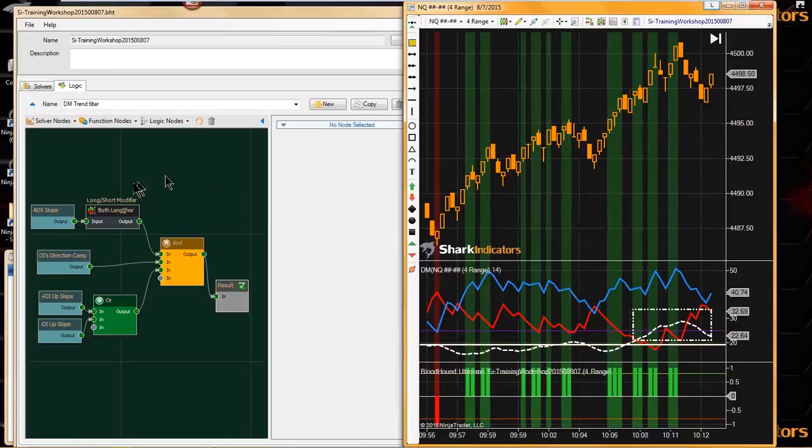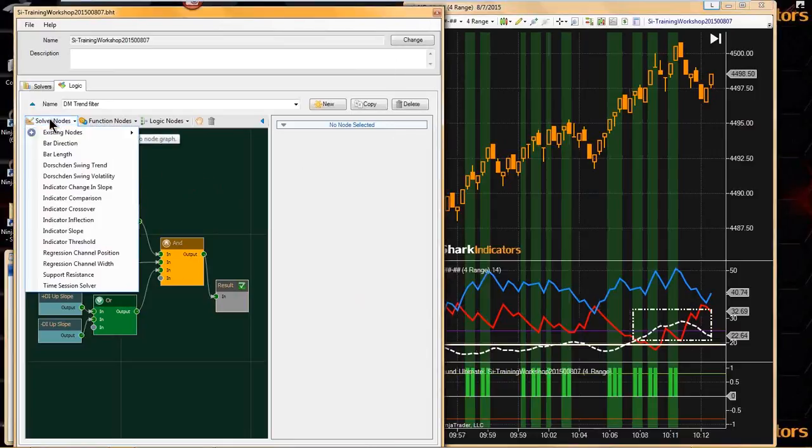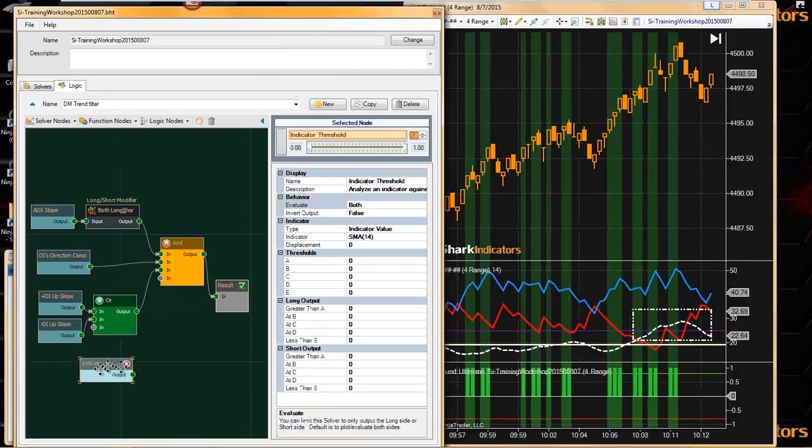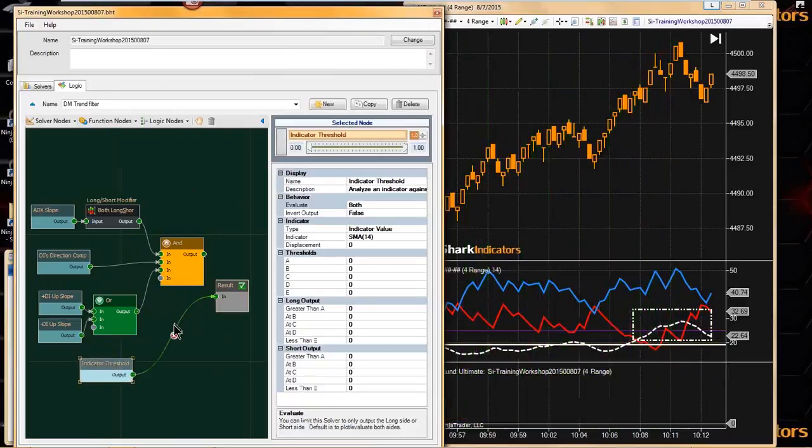Alright, so let's add some more filtering. We're going to grab a threshold solver, connect that in so we can see it. Alright, so we're going to look for the ADX to be above 19.